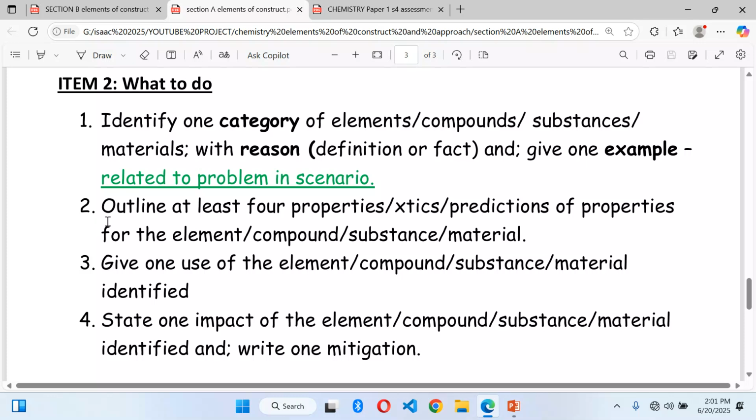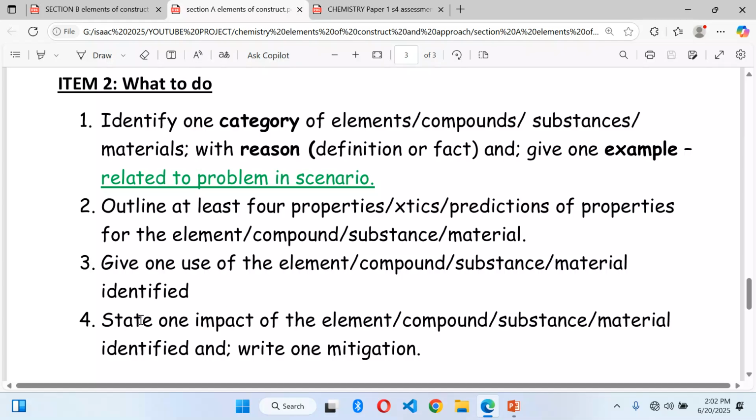Then the second thing, outline at least 4 properties or characteristics or predictions of properties for the element, compound or substance or the material that you have mentioned in number 1. Then give one use of the element or compound and substance or material identified.